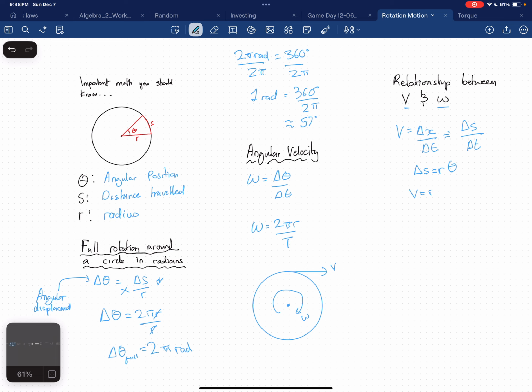I'll say v is equal to r delta theta over delta t, and v is equal to r omega, because delta theta over delta t is omega. And there's our relationship between the linear velocity and the angular velocity. This is just the same formula, equivalent, depending on what you want to find in your particular question. This is the stuff we've talked about a lot. I hope this explanation made sense.